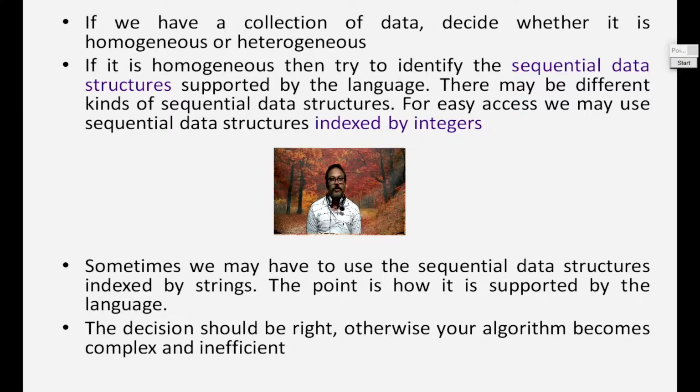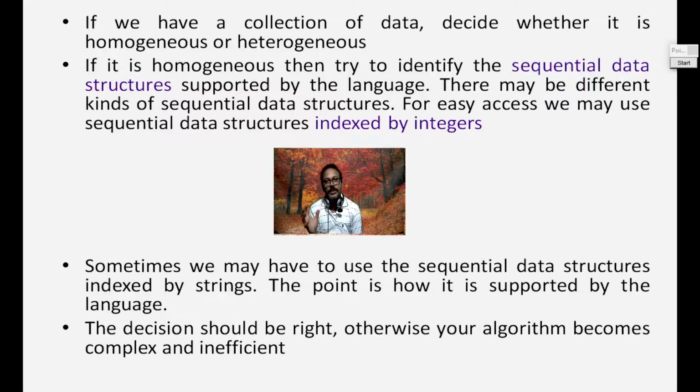If we have a collection of data, decide whether it is homogeneous or heterogeneous. There will be different support by the programming languages for both homogeneous data and heterogeneous data. For homogeneous data, cutting across all the languages, there will be a data structure called an array. Using an array, you can represent the homogeneous collection of data.